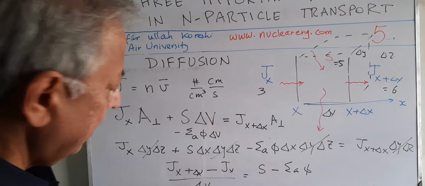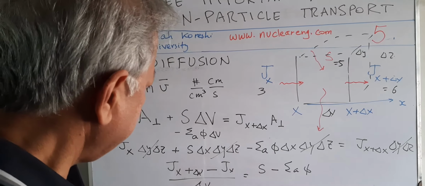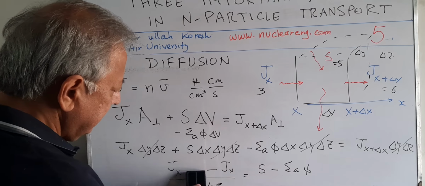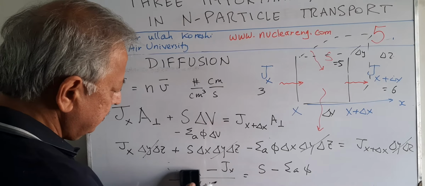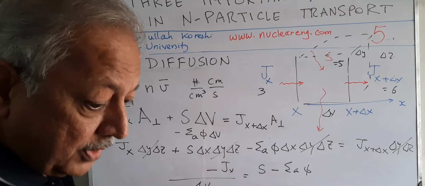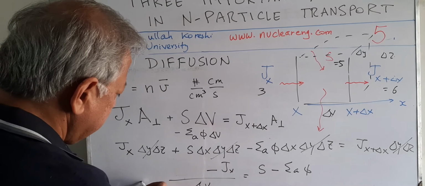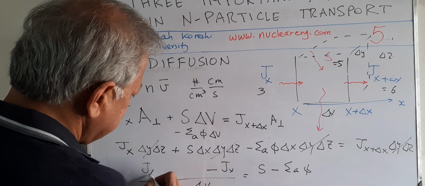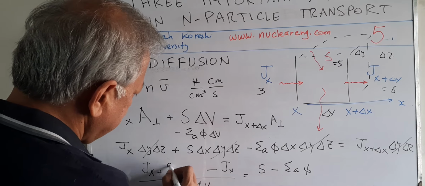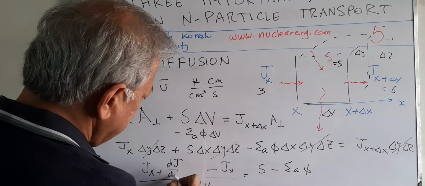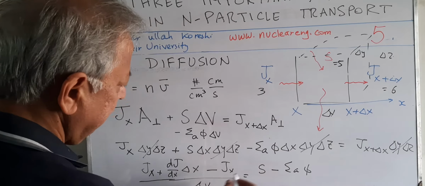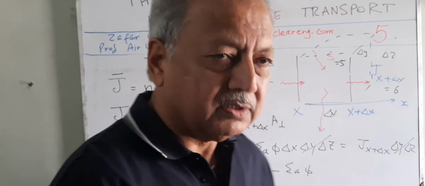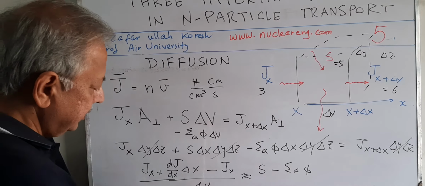Good. Okay, now let me use a Taylor series for x plus delta x, to the first order. In other words, I'll ignore terms of second order. So Jx plus delta x is Jx plus dJ by dx times delta x. Let me put here that it's not equals, it's approximately equal to first order.